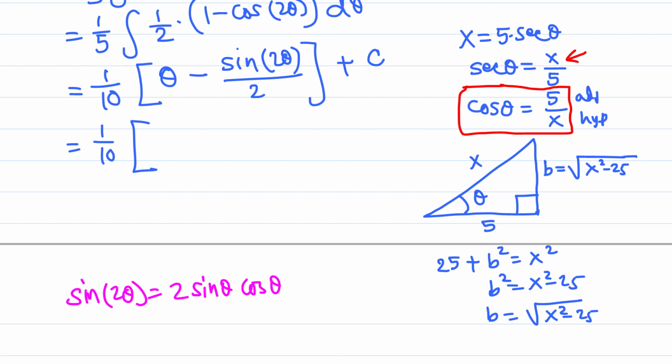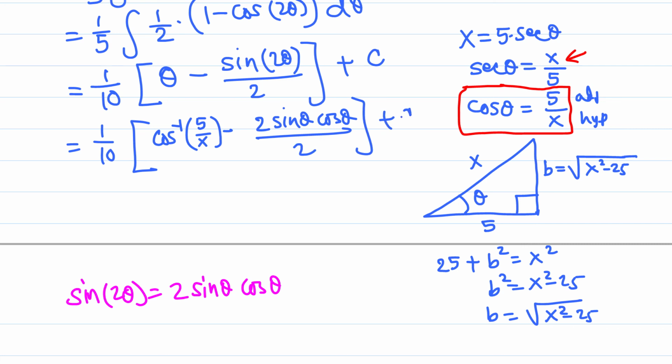So I'm going to write this. This theta is in fact cosine inverse of 5 over x minus sine 2 theta, which is 2 sine theta cosine theta, all over 2, plus c. Here we can cancel 2 from top and bottom. Sine theta times cosine theta, we find their values using this triangle. So 1 over 10, and this is the last step: cosine inverse of 5 over x minus sine theta.